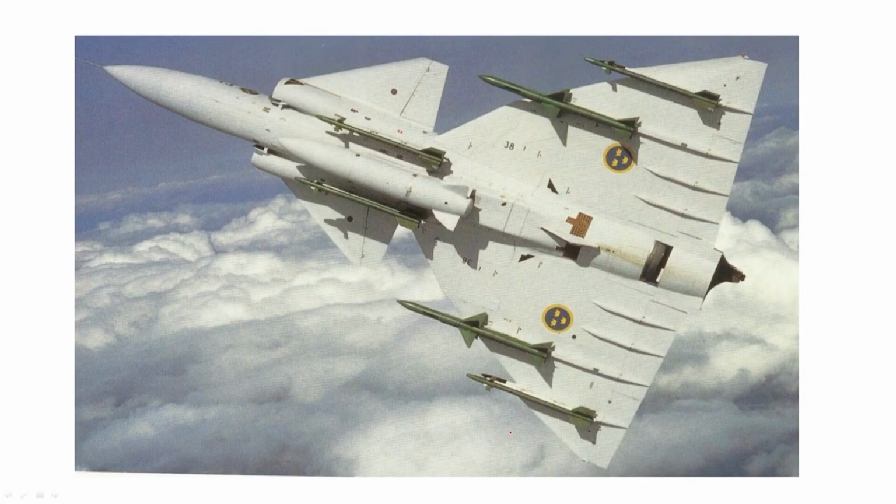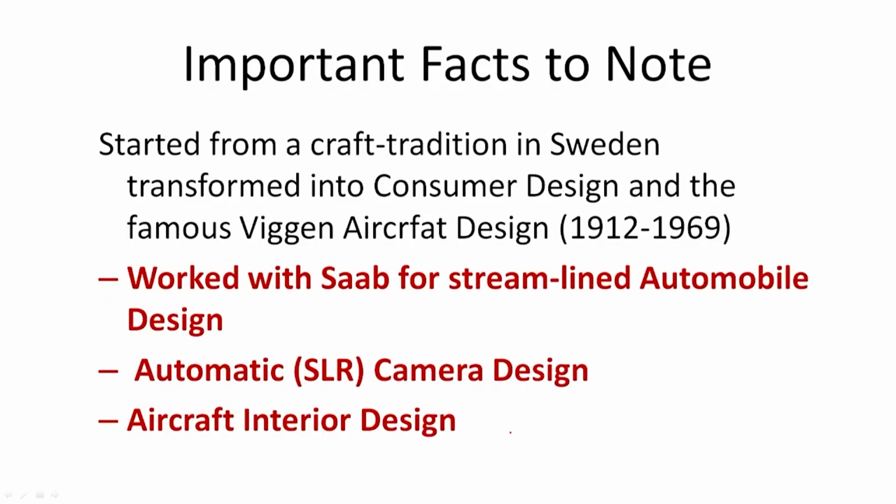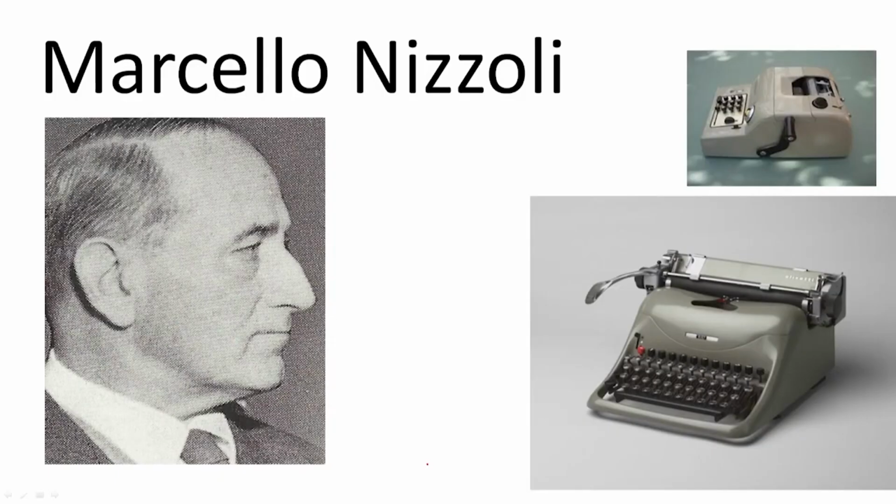So, automobile to aircraft to all the modern elements of transport design, the famous name is Sixten Sason. He worked with Saab for streamlined automobile design, automatic SLR camera design, aircraft interior design, very famous name, and the Gripen aircraft I showed you already.